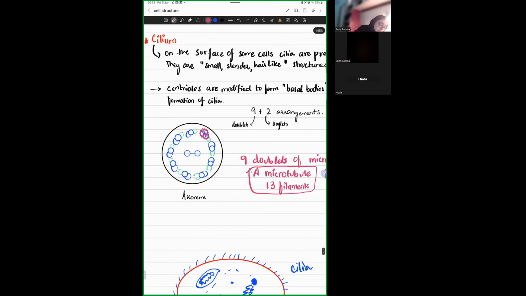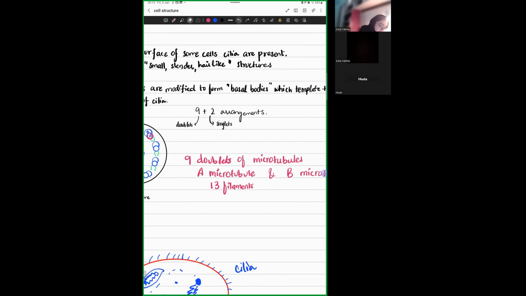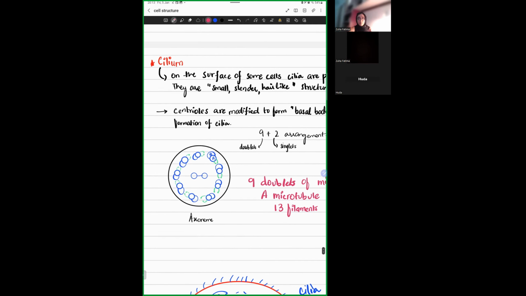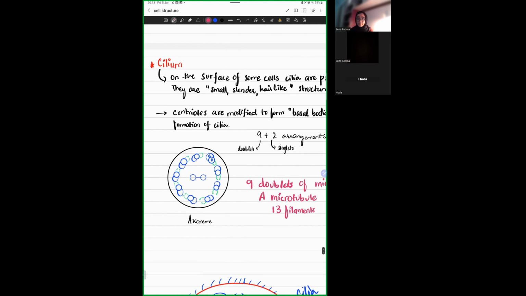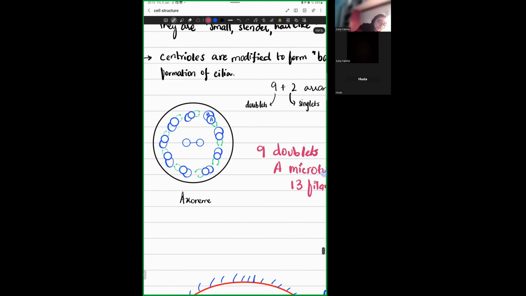Now, let me just clear this diagram for you. So far we have appreciated that we have 9 microtubule doublets. One is a complete filament and the other is a semi-complete filament. And then there are 2 microtubule singlets.